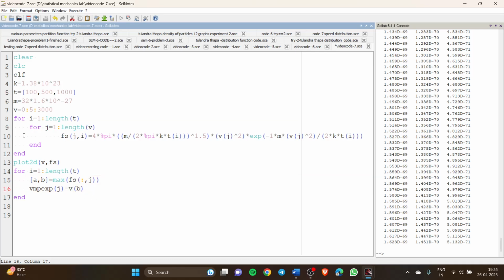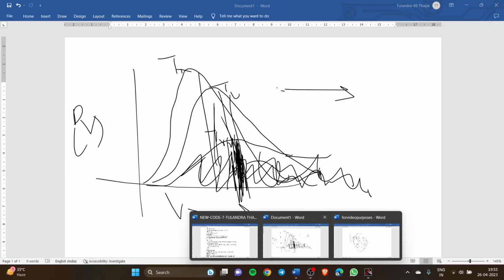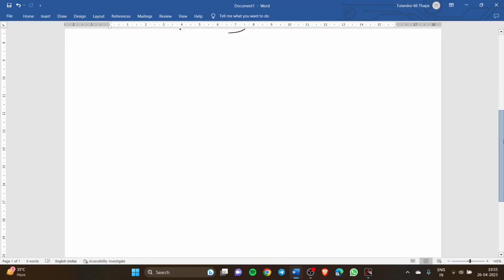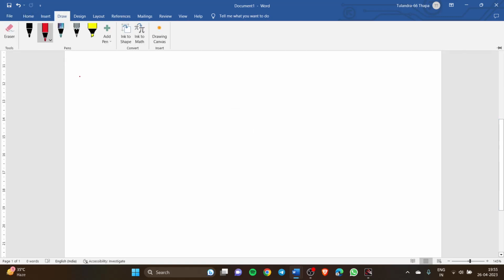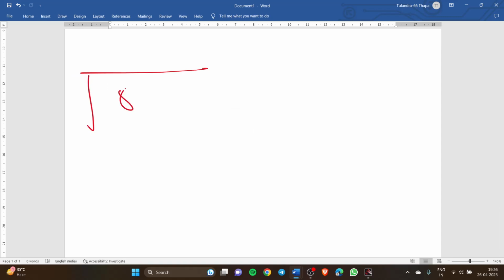So you get the idea. We can do this and get the value of fs, the maximum of fs. Then this will be v experimental. Then we have the formulas for experimental and for theoretical. For theoretical, you can calculate using 8kT upon pi m.